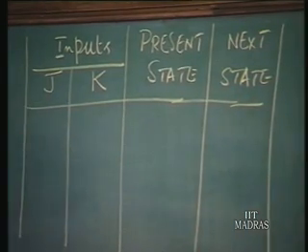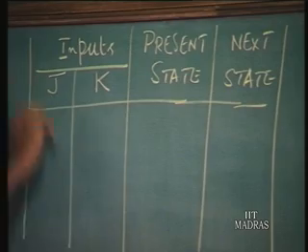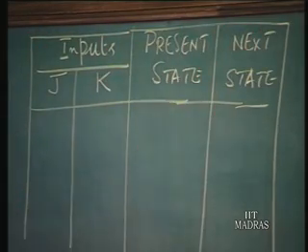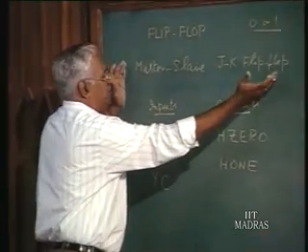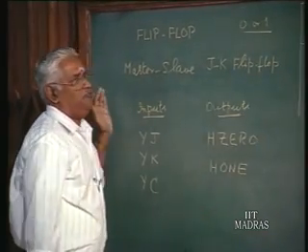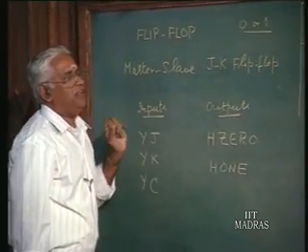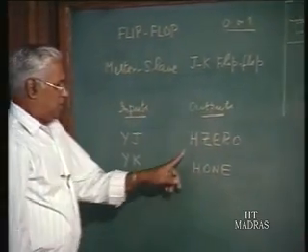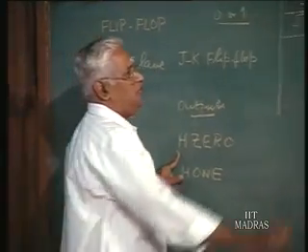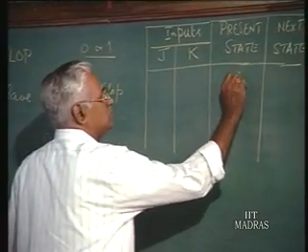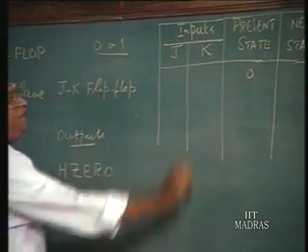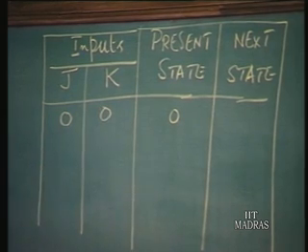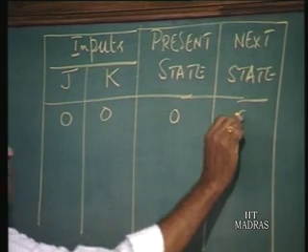This is what we have got to take a look at. Now, what we are currently going through is defining this system, namely master slave JK flip flop. Now the present state, if it were say 0, and if J and K both the inputs are 0, the next state is also 0.